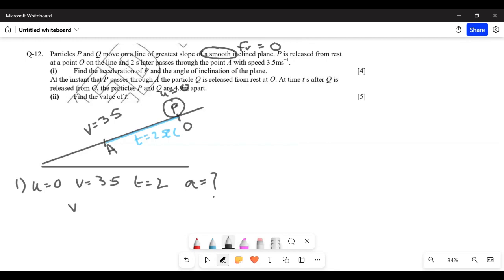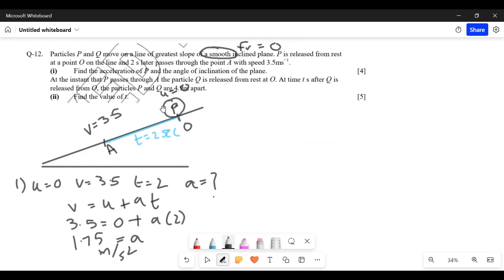Yes. 3.5 equals 0 plus A times 2. A comes out to be 1.75 meters per second square. We found the acceleration.